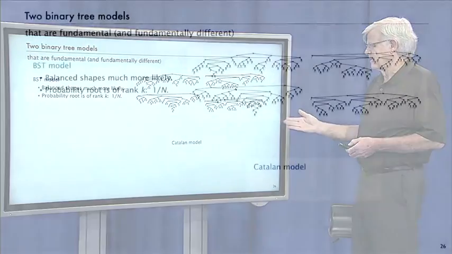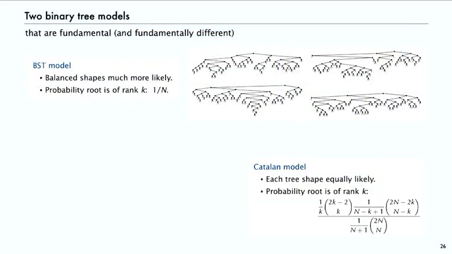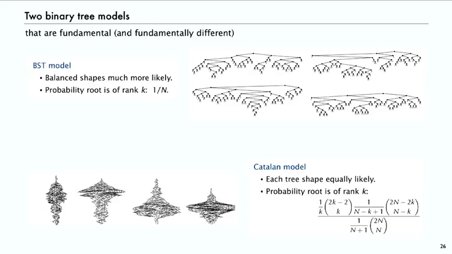So the Catalan model, on the other hand, each tree shape is equally likely. And this is the probability that the root is of rank k in a random binary tree. You can have any tree on the left and any tree on the right out of all possible trees. I call that the Catalan distribution, and that gives rise to these much more unbalanced trees.